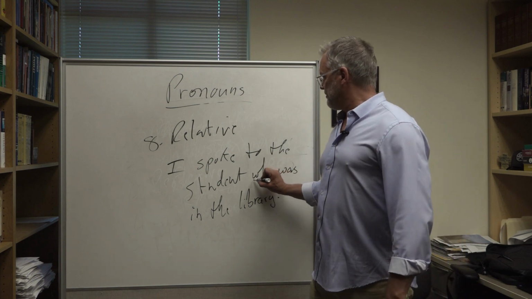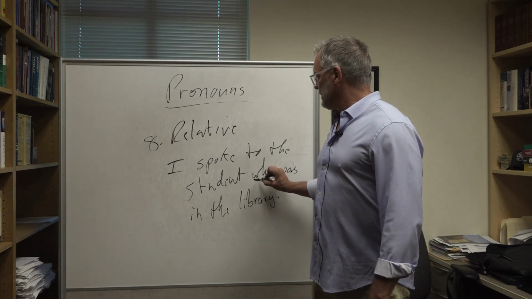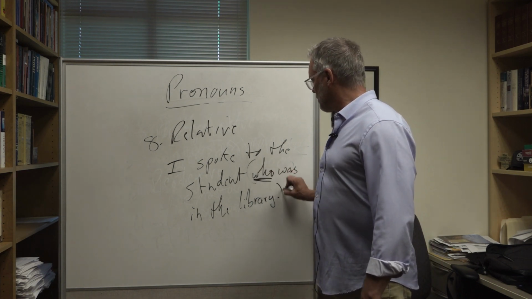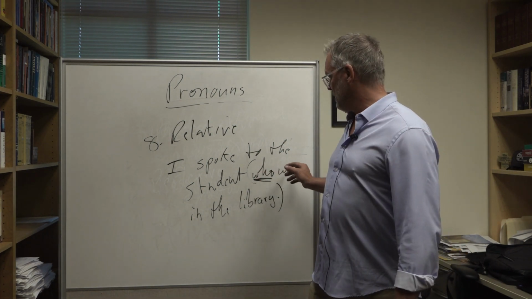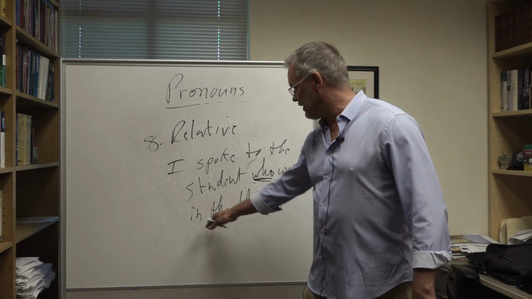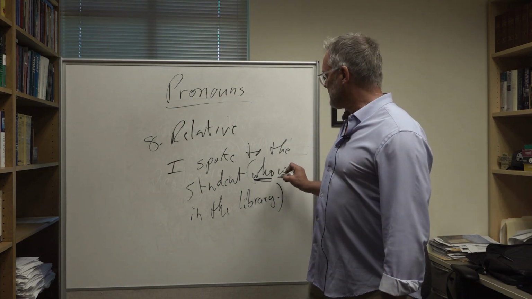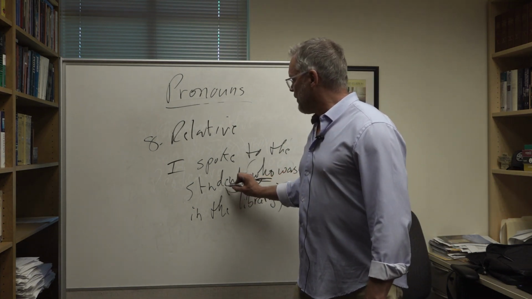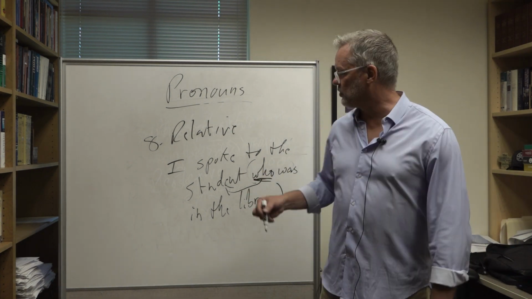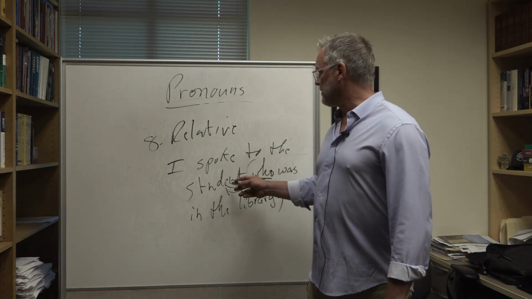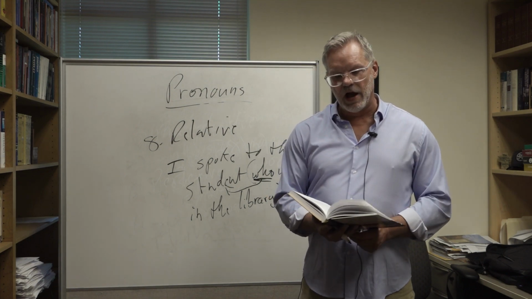Notice here's your relative pronoun in English, who. And notice that it introduces its own clause, who was in the library. Here it's the subject, who, and the verb was, and then in the library, indicating the location of the student. But notice that this relative clause functions like an adjective to modify student. And that's a common usage in Greek. I spoke to the student, and student is further defined or described as being in the library.